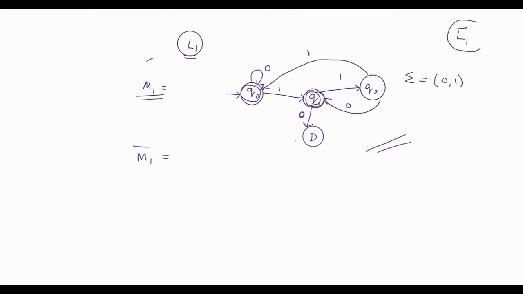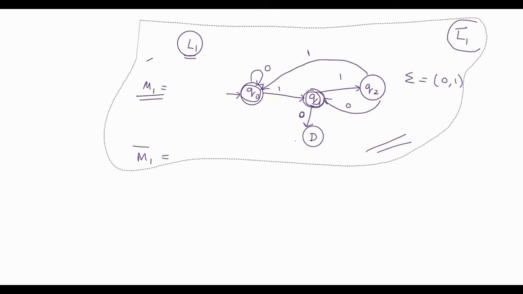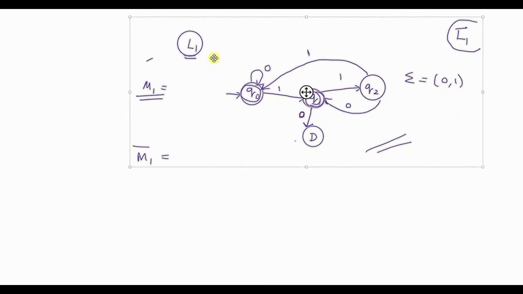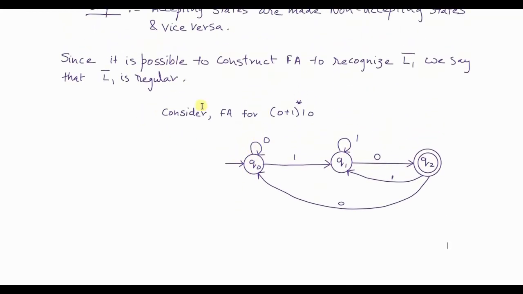Now let us see how it actually works. I have taken an example. This is an automaton that we had already seen, a finite automaton over zeros and ones.